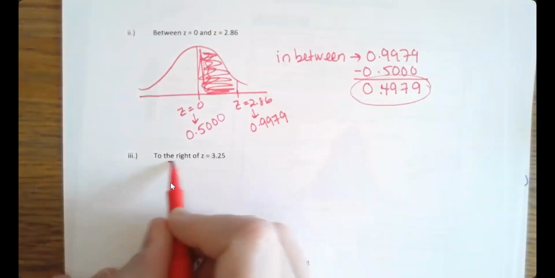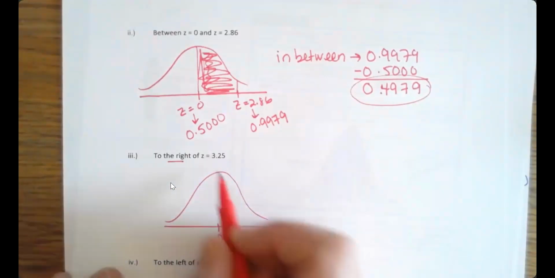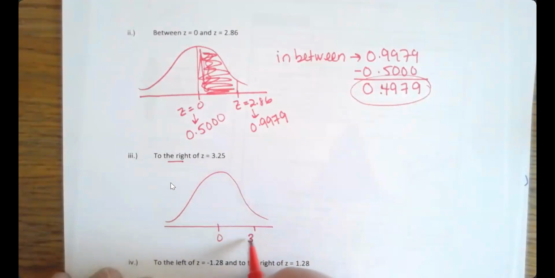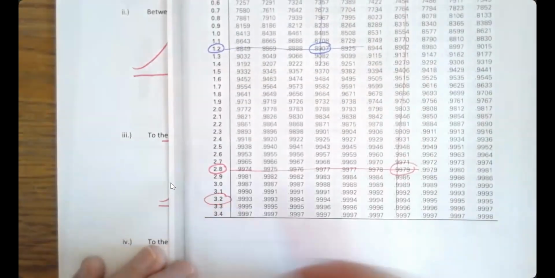All right, next example is to the right. All right, so center is 0. My z is positive 3.25, and I'm going to the right. Now, this should be really small because I don't have much data after the 3s. So I'm estimating something very small. And I have 3.2, which is right here.